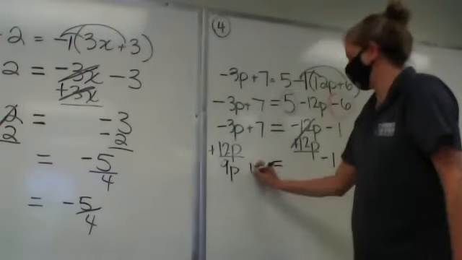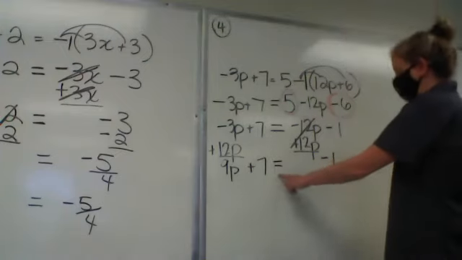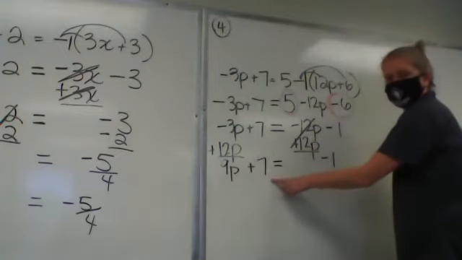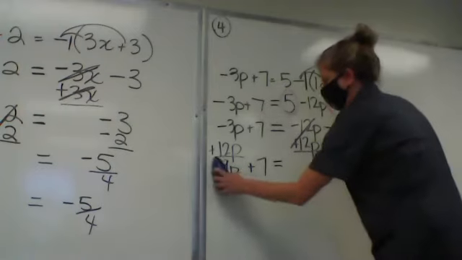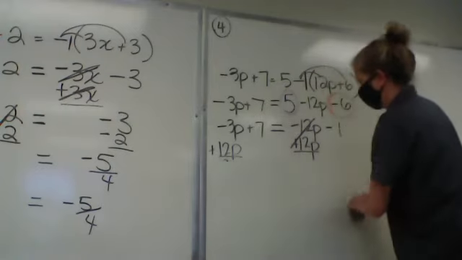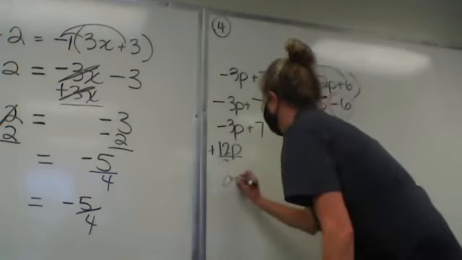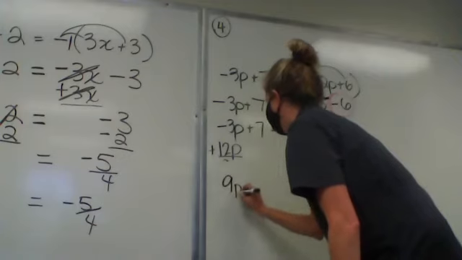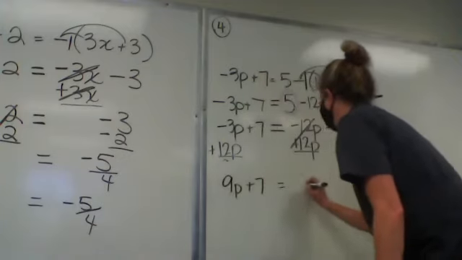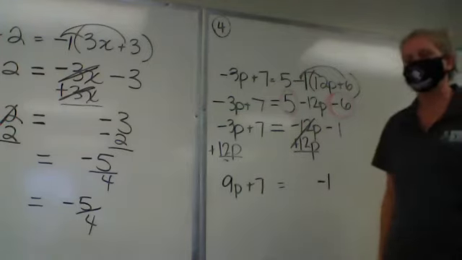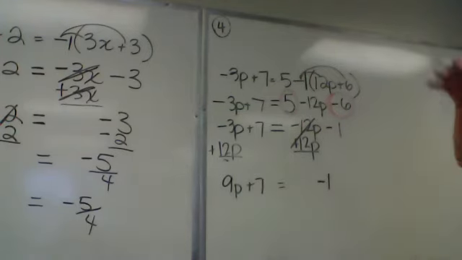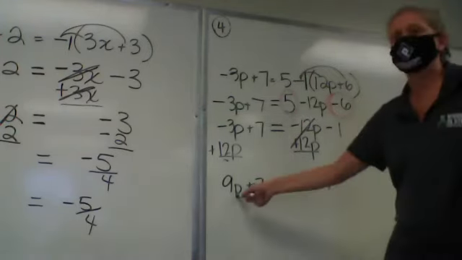Drop down your plus 7. So now I'm at 9p plus 7 equals negative 1. I'm going to write this a little lower. So I'm at 9p plus 7 equals negative 1. So now I don't have p's on both sides. I just have the p over here now.